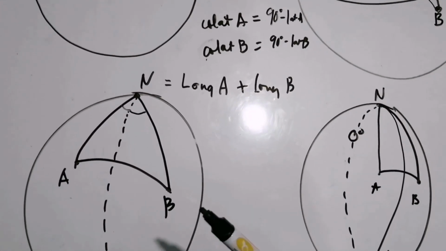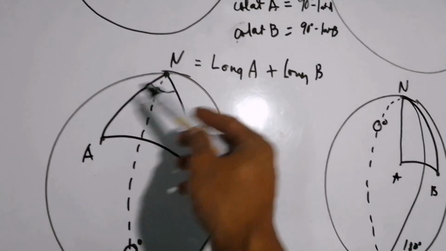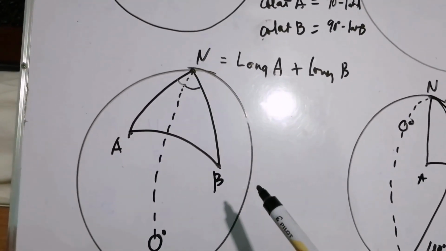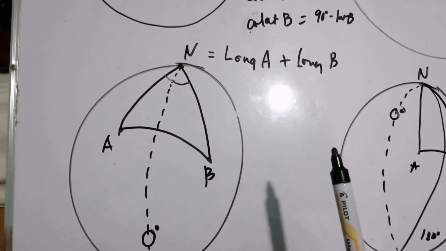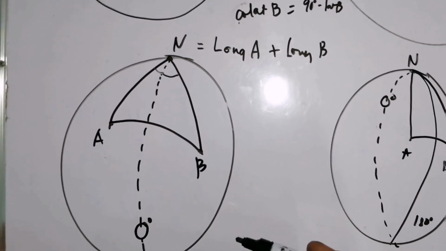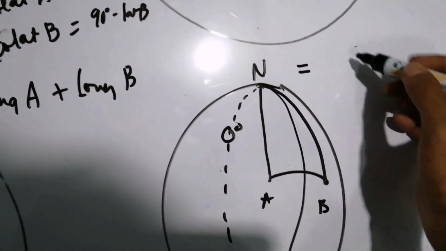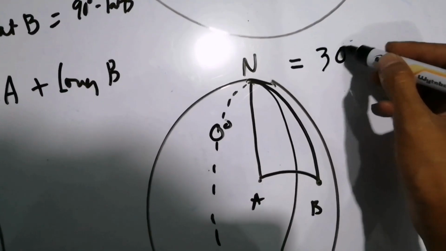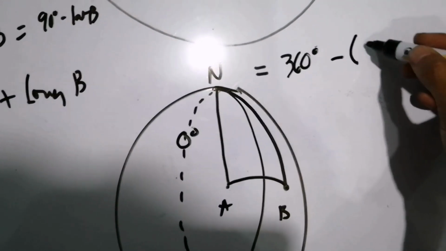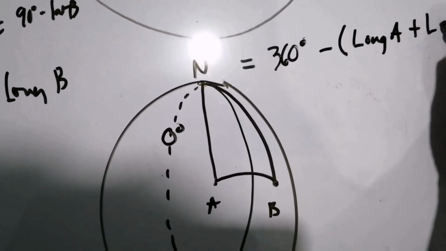Technically, yes. But before, we mentioned that whenever we get angles or sides of spherical angles, we have to make sure that the angle is less than 180 degrees for convenience. So instead of just adding the longitudes, we subtract the sum of the longitudes from 360 degrees. In this case, we have this.